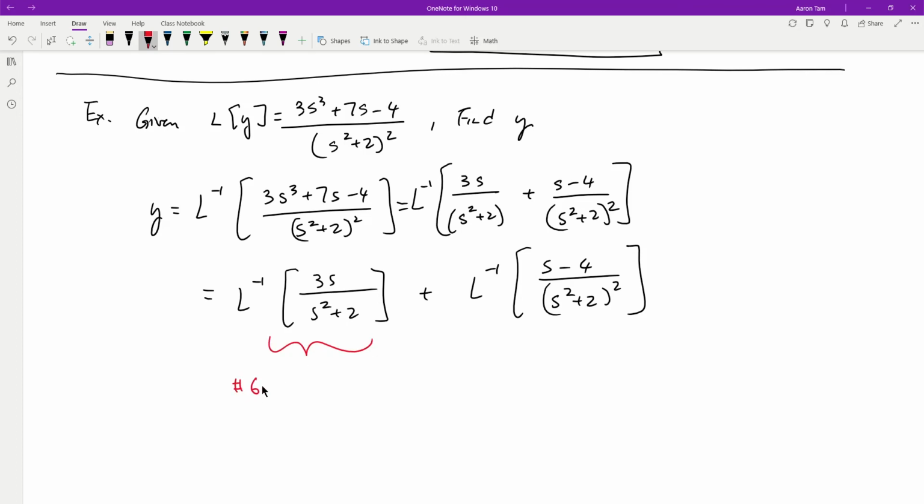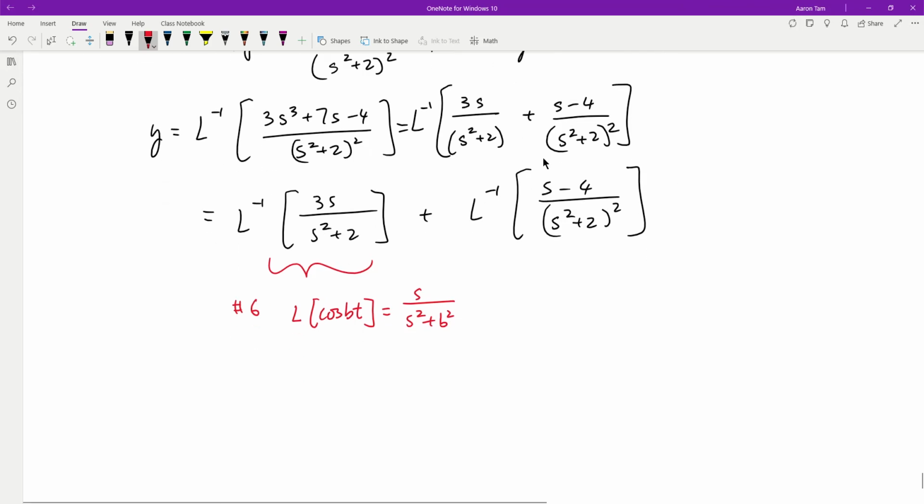So what's the difference between number 5 and number 6? Number 6 has an s, that's the key. The rule states: Laplace transform of cosine bt is equal to s over s squared plus b squared. So first I'm going to take out the 3.